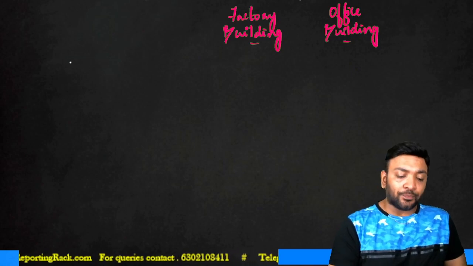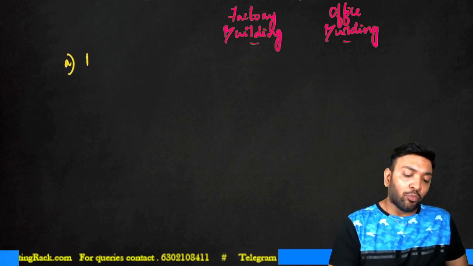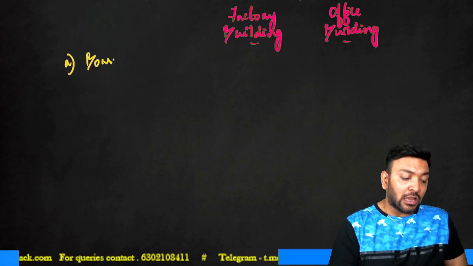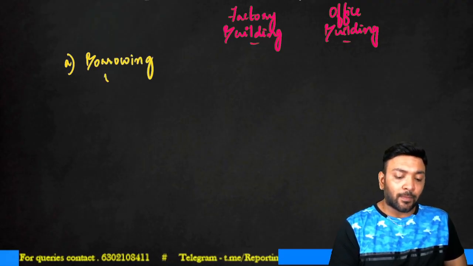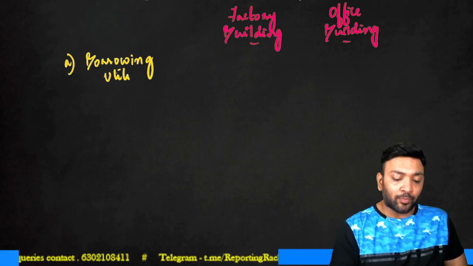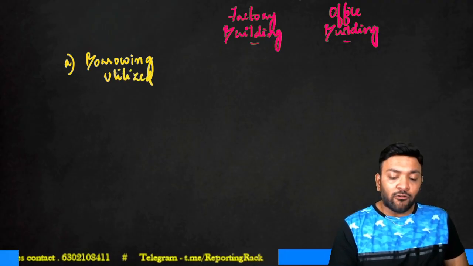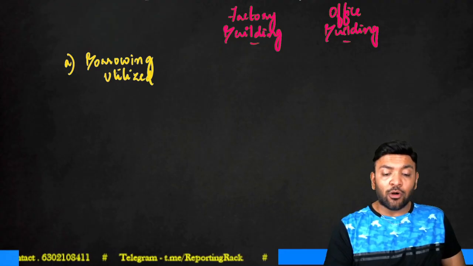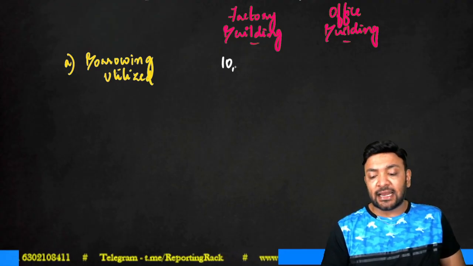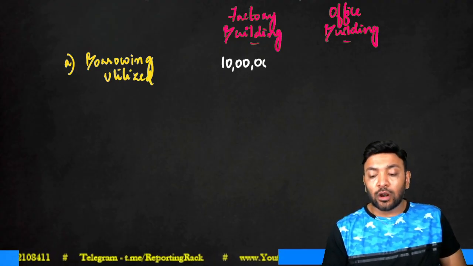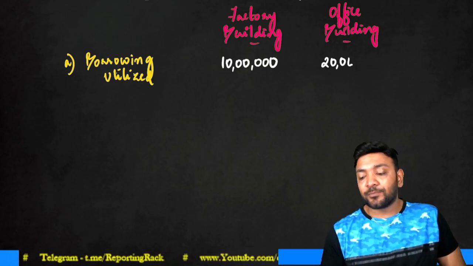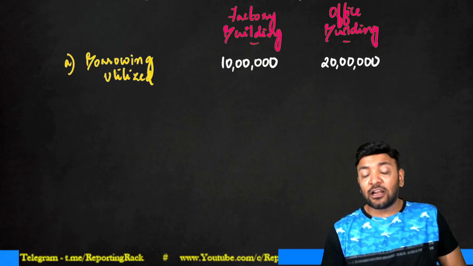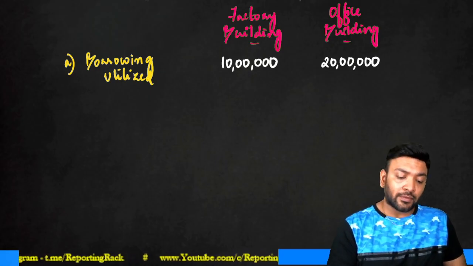Let us start with borrowing utilized. How much of borrowing did I utilize in each case? For the factory building, the total amount of borrowing utilized is 10 lakhs. What about the office building? I utilized 20 lakhs. What is the rate of interest on this?